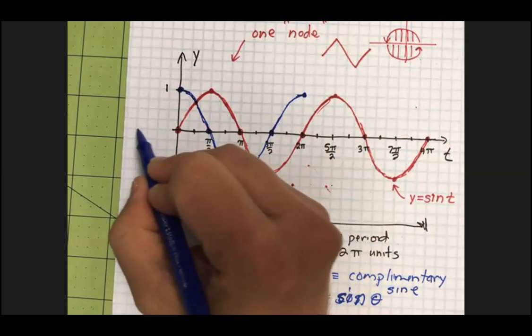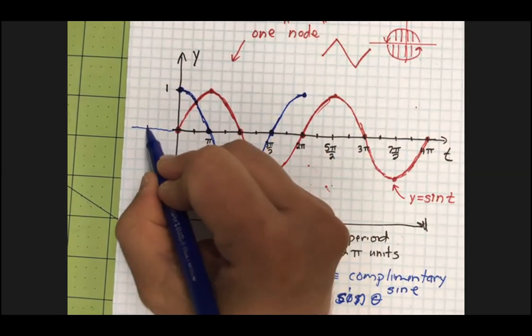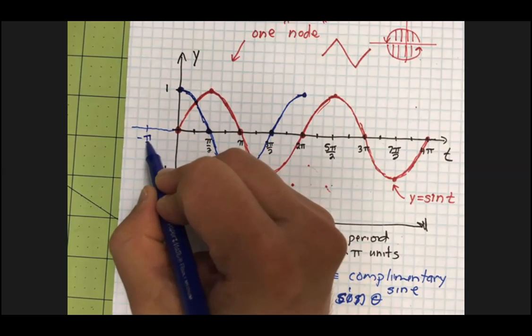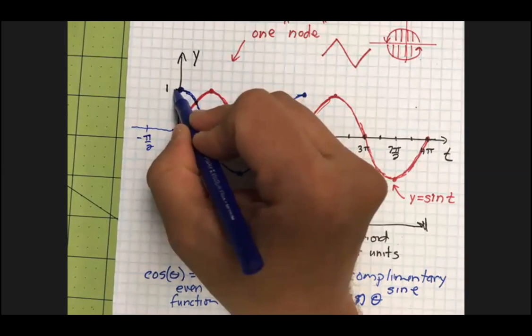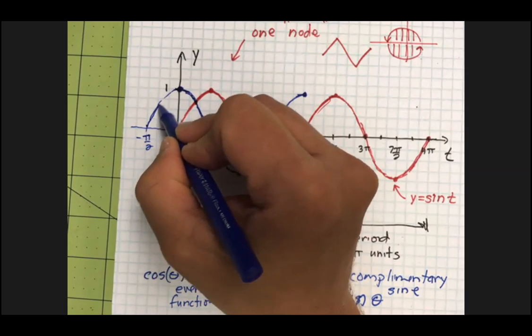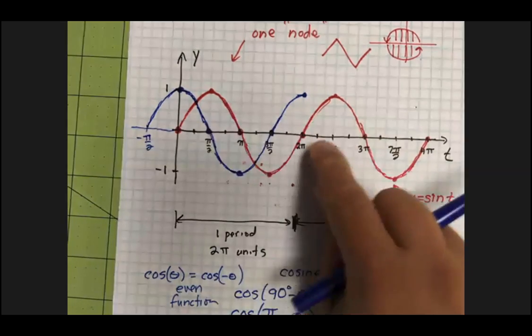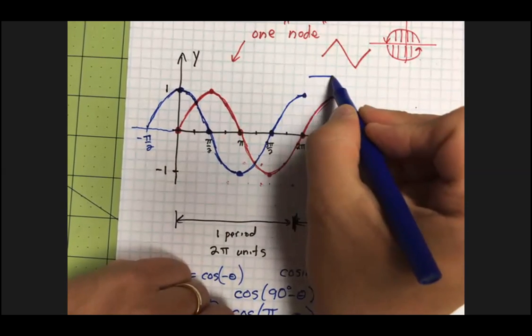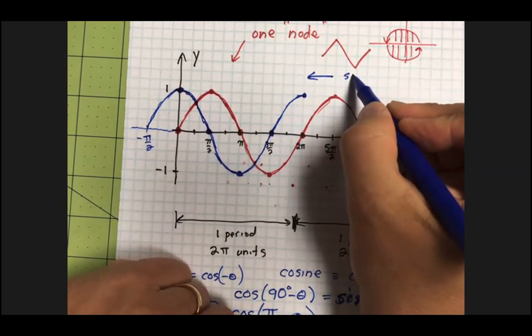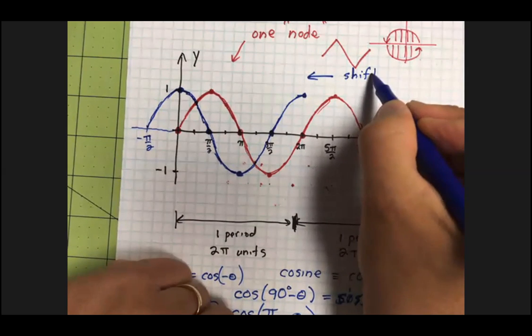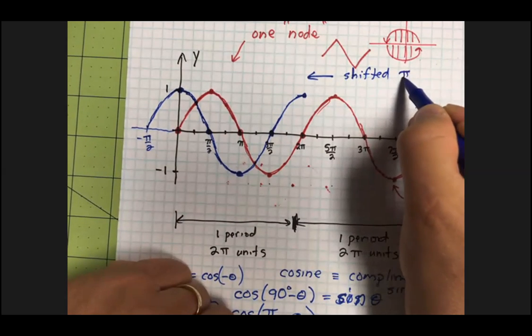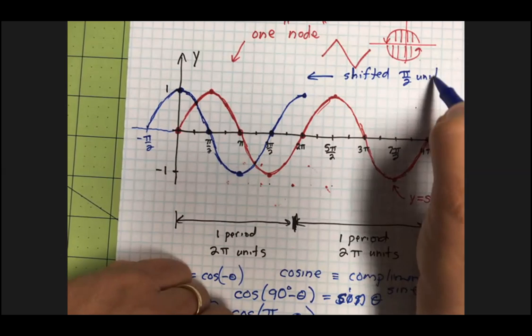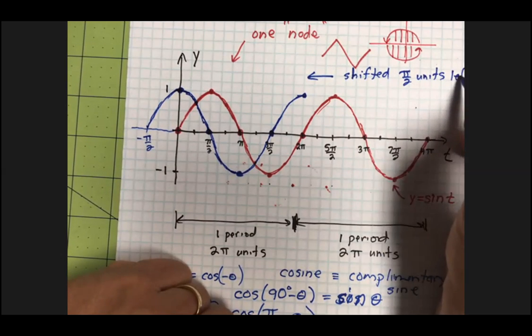If you trace it backwards, it must start over here at minus pi over 2. You could ask your calculator, the cosine of minus pi over 2 is 0. It's the same shape as a sine graph, but it's literally been shifted pi over 2 units left.